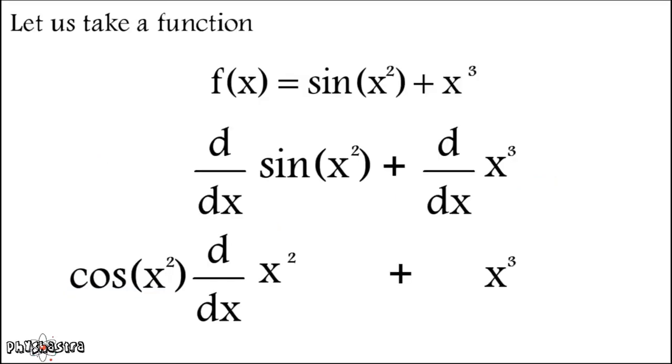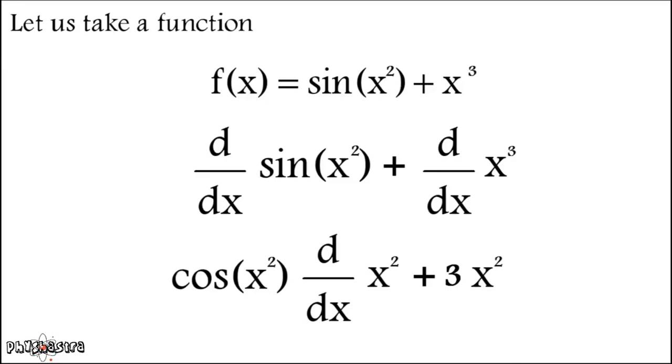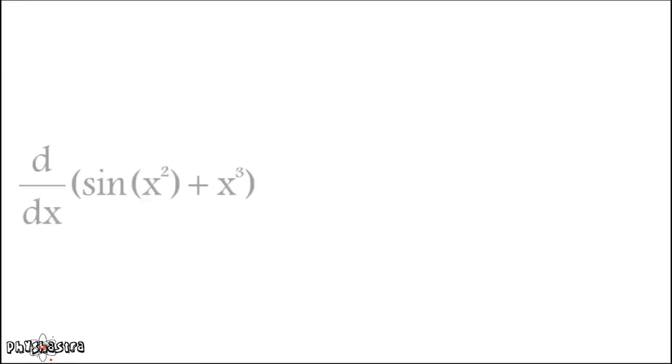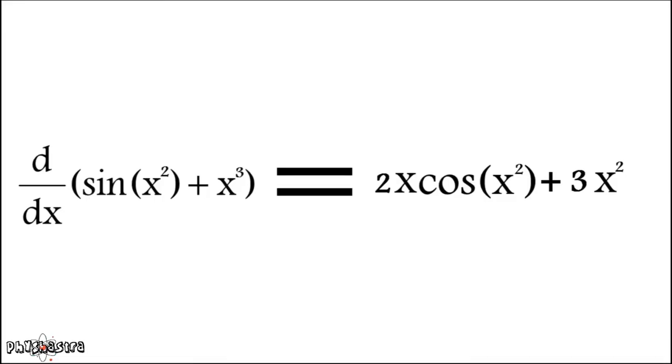Therefore, we get 3 multiplied by x raised to 3 minus 1. And finally, we get the result as 2x cos x squared plus 3x square.